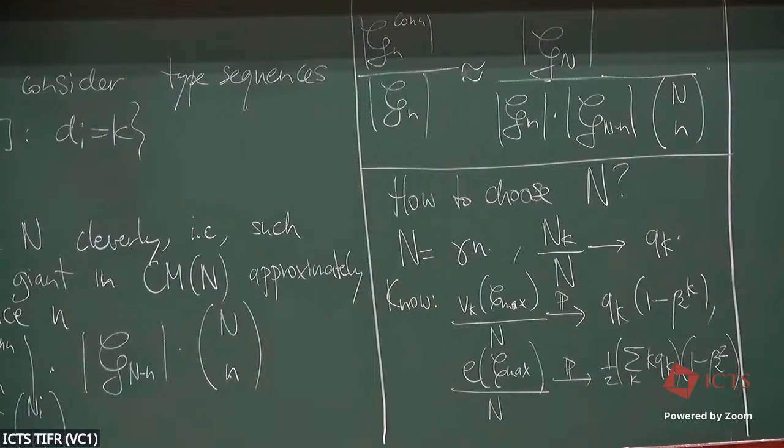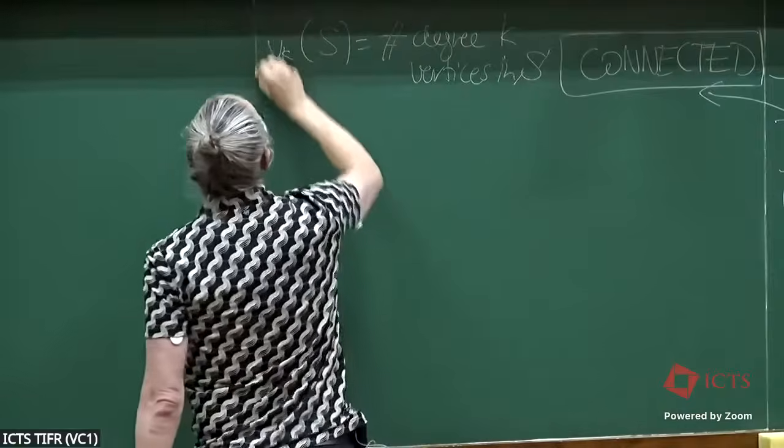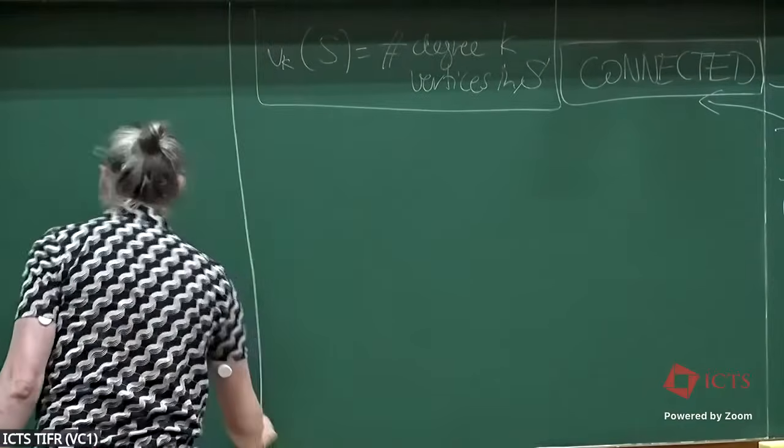Remco, I have the same doubt. Vk is the number of vertices in Vk of any set. Remco?